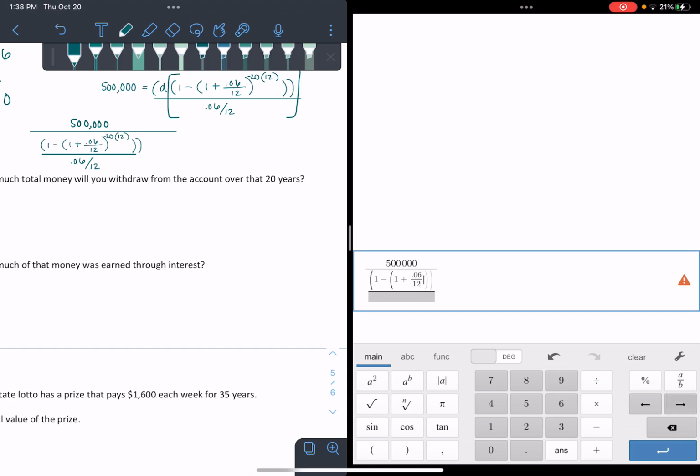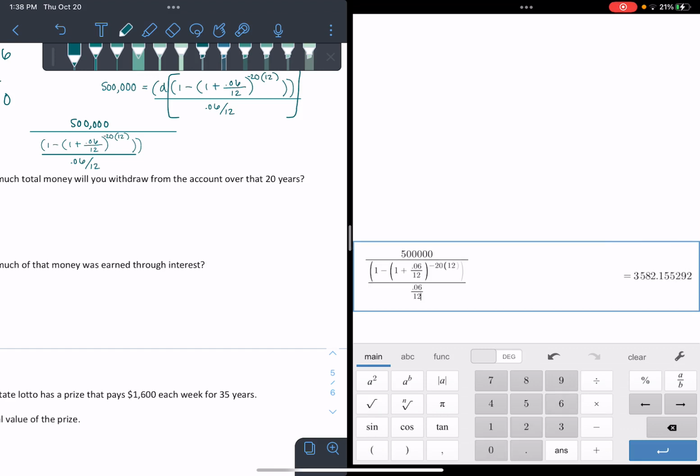I'm going to hit the right arrow to get out of that, and I'm going to hit the up arrow, the A to the B button, negative 20 times 12, and then I'm all done there. And then 0.06 divided by 12 on the bottom of that. So my final answer is $3,582.16. We always round money to two places, right?